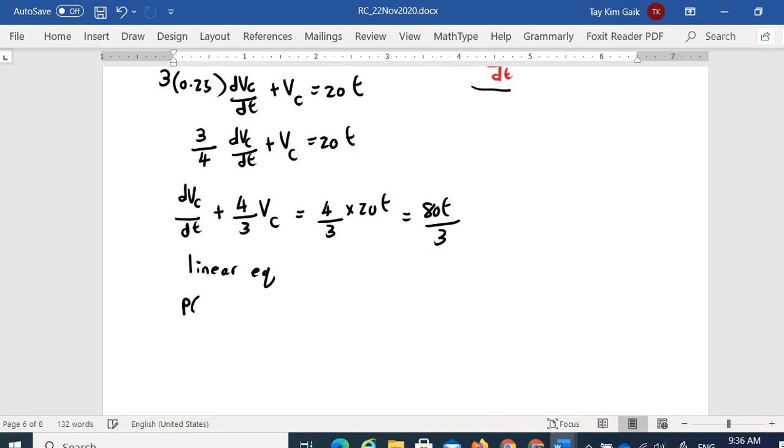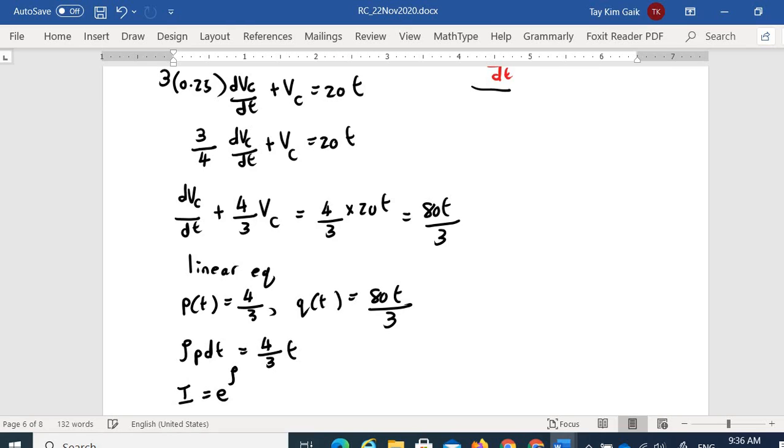PT is 4 over 3, QT is 80t divided by 3. Then you integrate P dt, you have 4 over 3t, and the integrating factor I is exponent integral of P dt, which is exponent 4 over 3t.